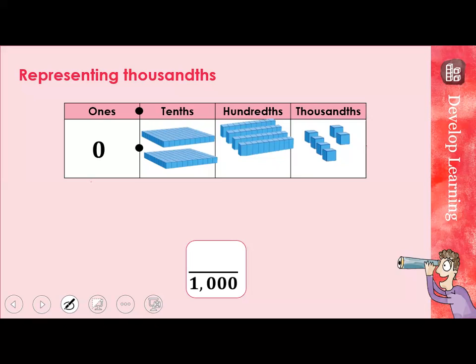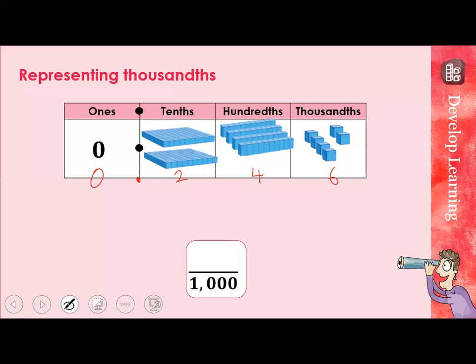How many tenths do we have? Well done if you identified there were 2. How many hundredths do we have? Well, we have 1, 2, 3, 4. And how many thousandths do we have? Well, we have 6. So we have the number 0.246: 2 tenths, 4 hundredths, and 6 thousandths.